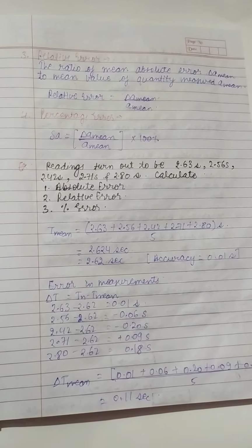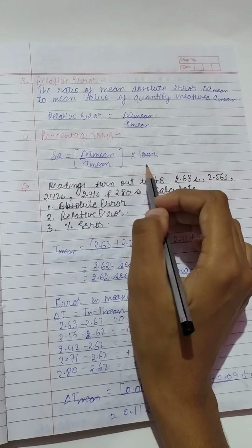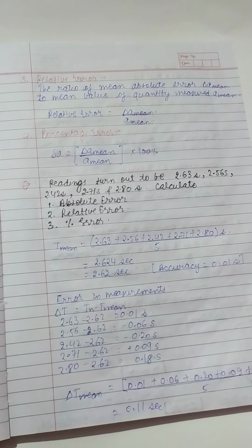Now, how do we define percentage error? Percentage error is simply defined as the percentage value of the relative error. We find the percentage of this relative value, and the error in percentage is known as percentage error.